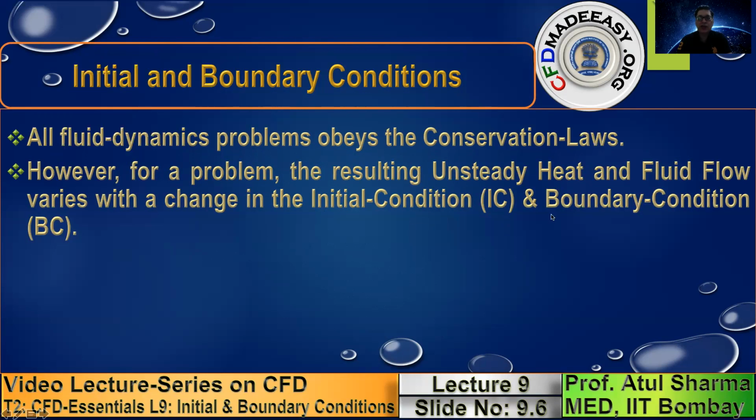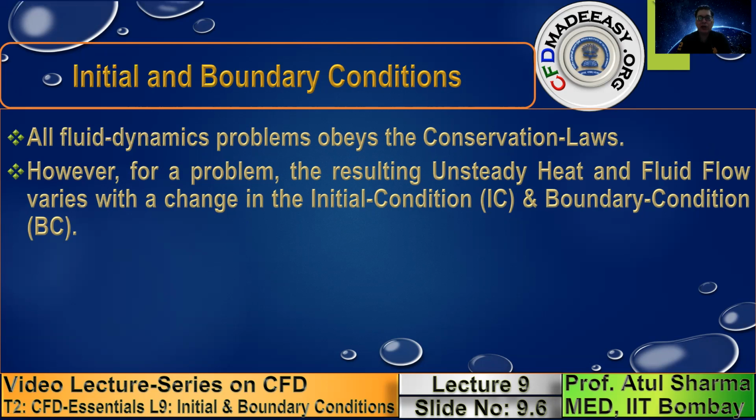As far as boundary condition is concerned, in the example for flow across a car, I have discussed that when the car has not entered versus when it has entered inside the tunnel, the flow features change from an external flow to an internal flow. When it has not entered the tunnel, mostly in CFD, whenever we do computations, even though it's an external flow problem, we do simulation in a certain fixed size of the domain.